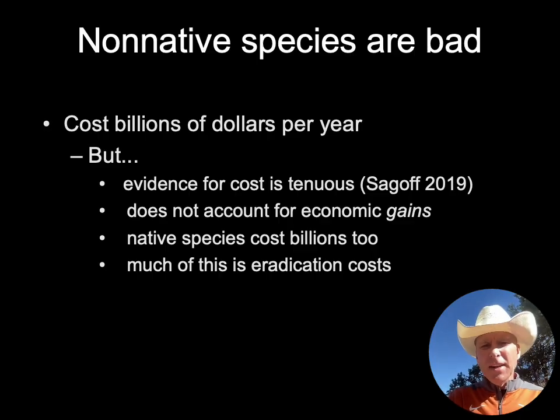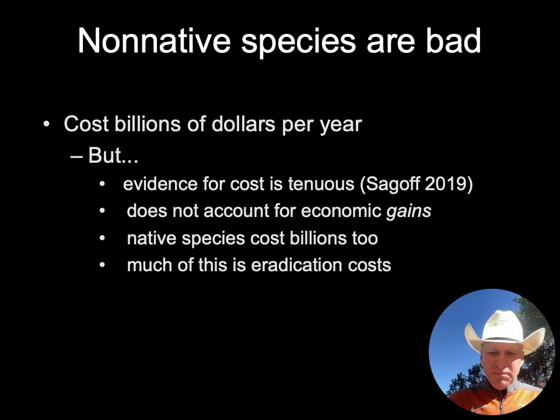It's been hard to track down where those billions come from, whether it's actually billions. It also doesn't account for the positive economic aspects of non-native species. You've got to do both sides of the ledger here. You can't just count up what's negative. There's a lot of native species that cost billions as well for control and for other things.